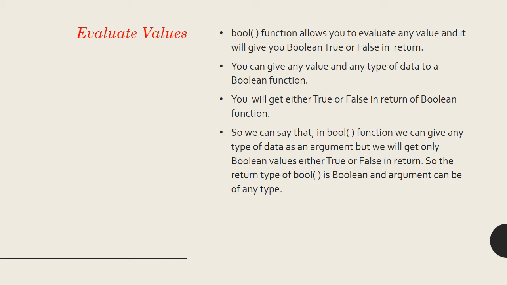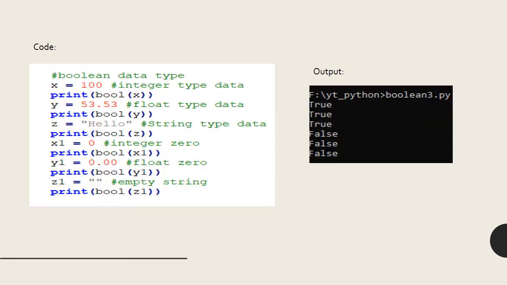You can give any value or any type of data to the bool function as an argument, but you will get boolean true or false in return. So the return type of bool is boolean, and the argument can be any type of data.